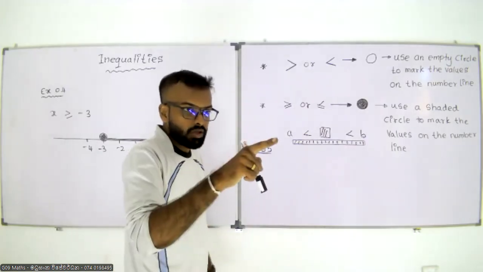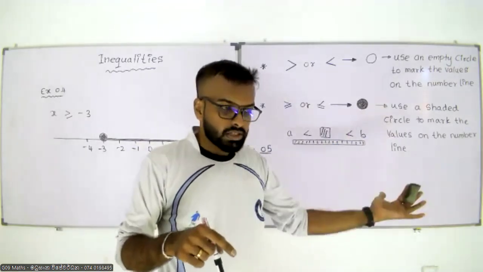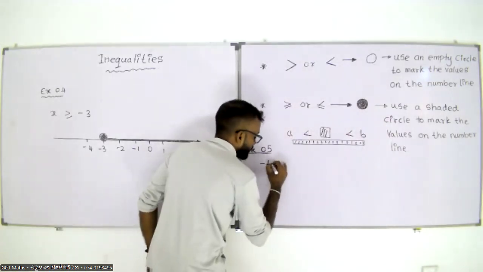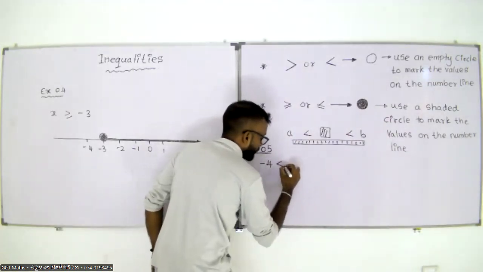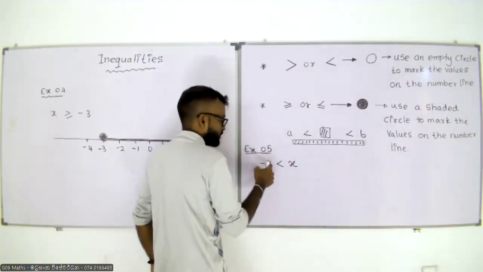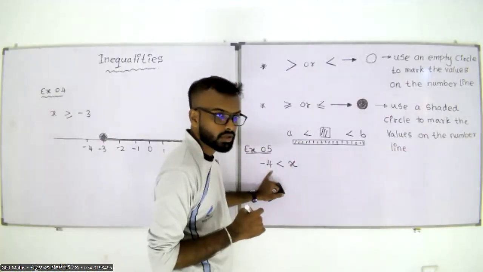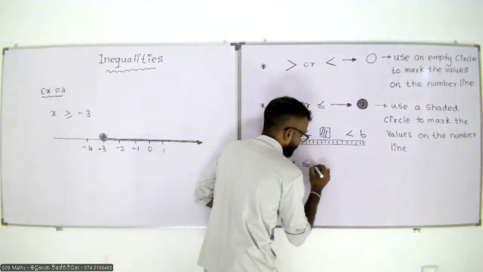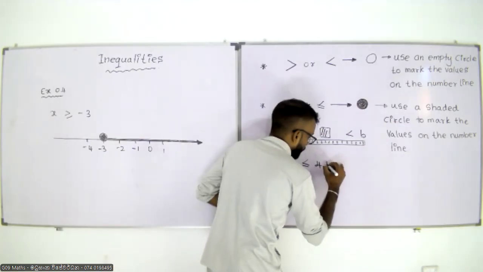The left hand side value is -4. All the values are greater than -4, then less than or equal to positive 4.5.